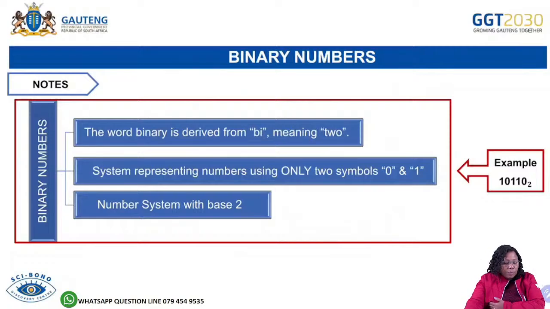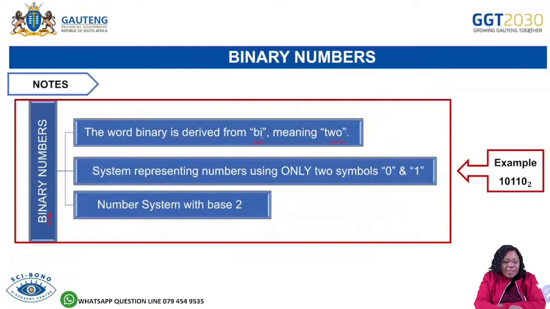And then the word binary is derived from the bi. As you can see, there's a bi in binary there. And then this bi means two. Where does this two now fit in on your binary number?